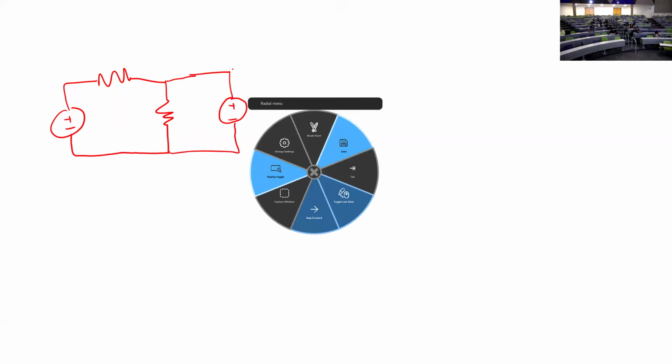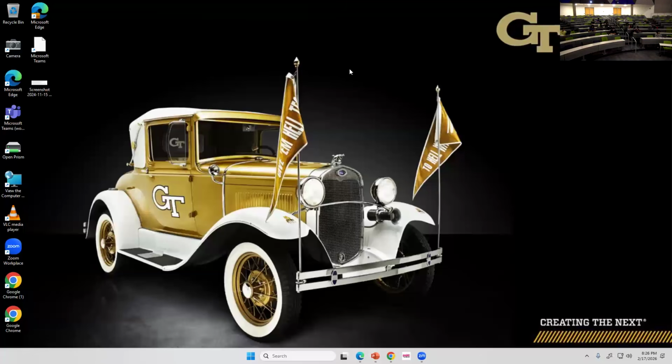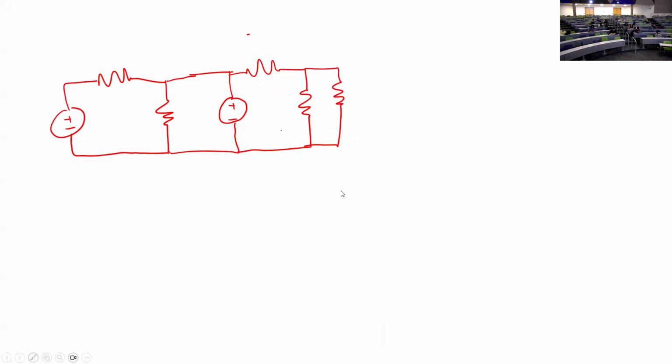Say I have another voltage source here. Let's call it 6. Here we have A, and here we have B.